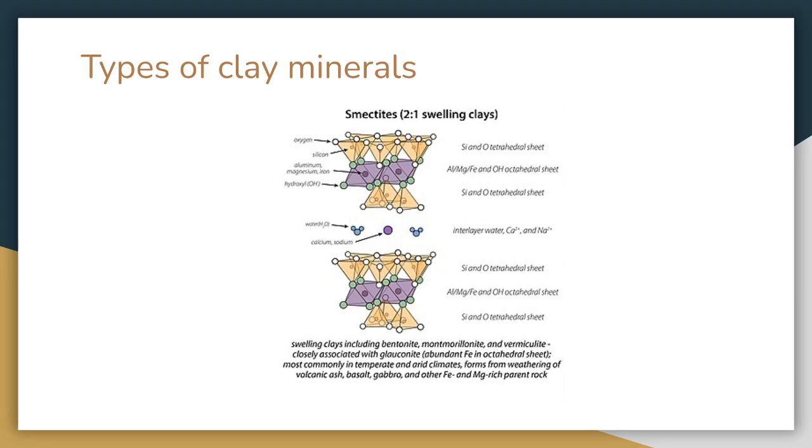And then we have the 2:1 swelling clays, which have interlayer water. In this case, it's not necessarily bonded to the structure. It is just there, but of course, at a molecular level, you can't actually see the water, but it can make it expand.